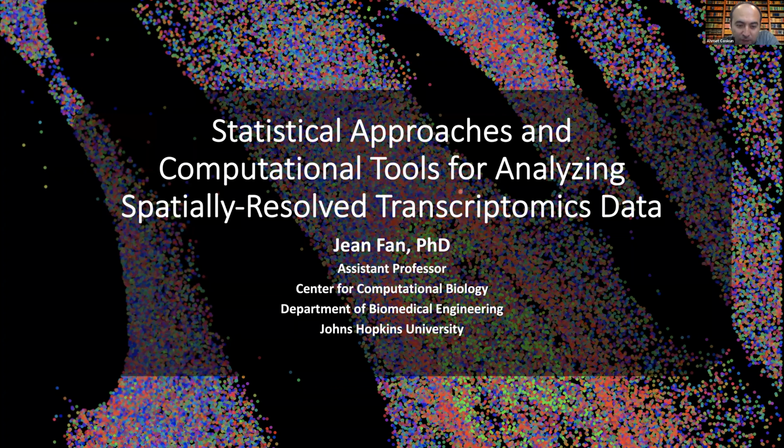She's also part of the Center for Computational Biology at Johns Hopkins. And she recently also received, we were just chatting about this earlier, an NSF CAREER award for her work on statistical spatial transcriptional analysis. And with this, I'd like to turn over to Dr. Fan for learning more details.